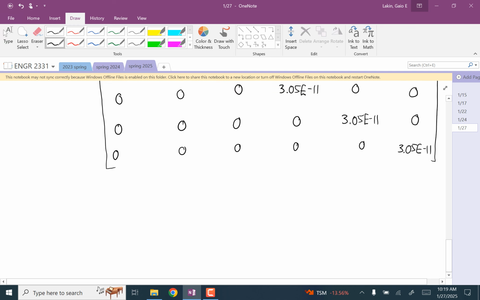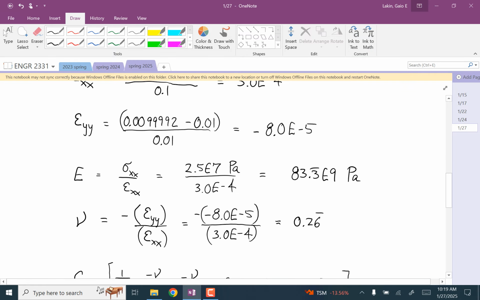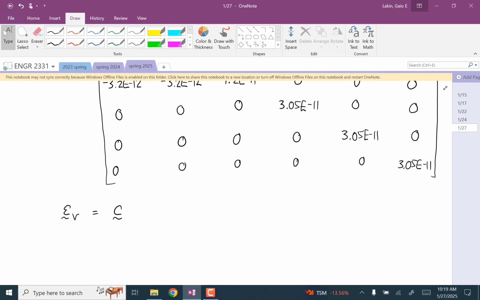Okay, so the Voigt strain then is equal to that compliance matrix times the Voigt stress, which I gave you in stress tensor form before. Take a second and look at that stress tensor and put it in the Voigt stress. Just get used to translating these back and forth.